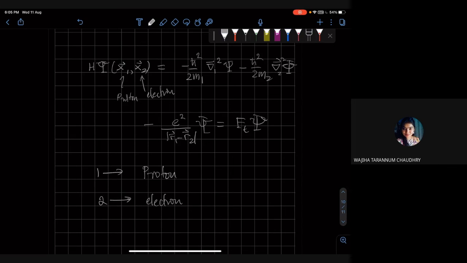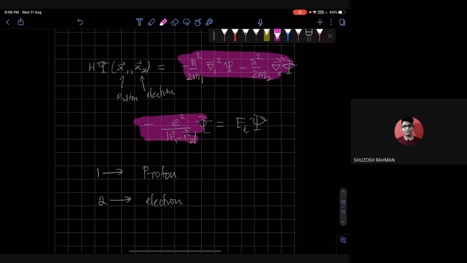So are we clear how to write down the Schrodinger equation of a multi-particle system? Yes, sir.